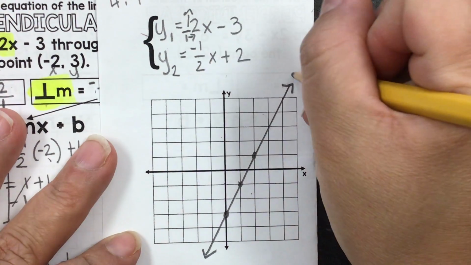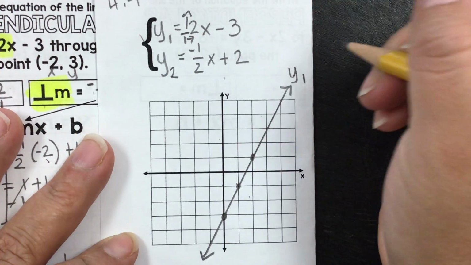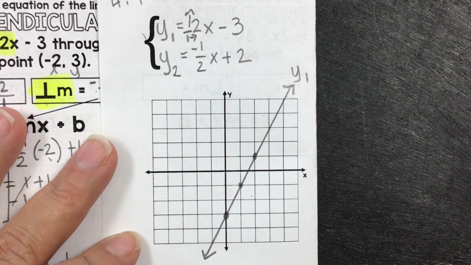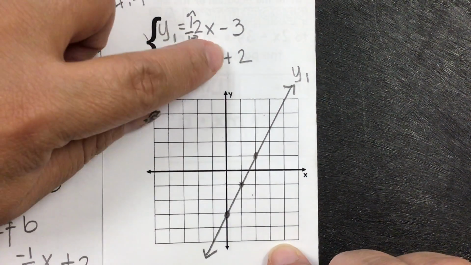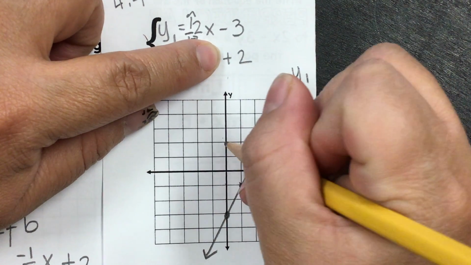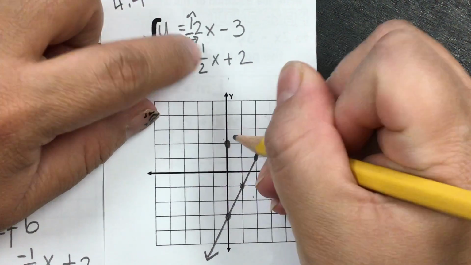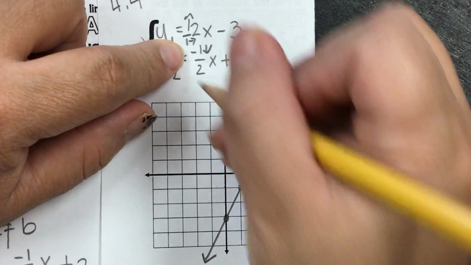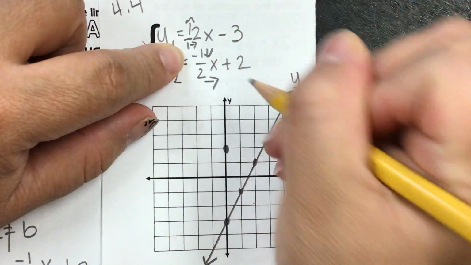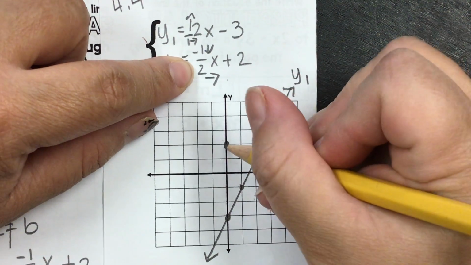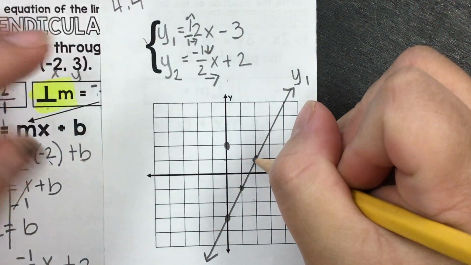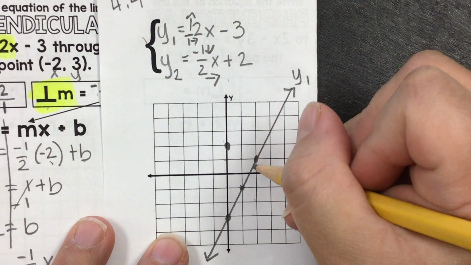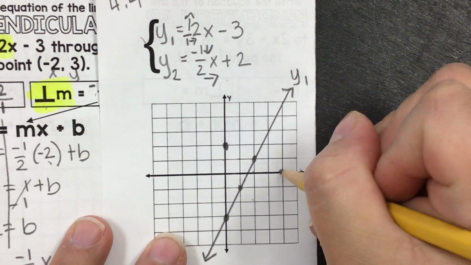And then we have to label it y1 so I can identify which equation you were graphing. Then the second one, we start at a positive 2. 1, 2. This one means go down 1 and then to the right 2. So down 1 and then to the right 2. So we can do that again. Down 1 to the right 2.